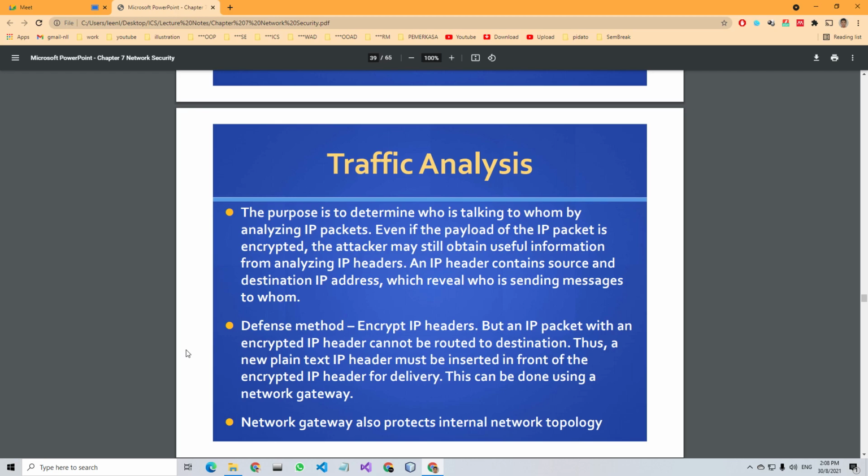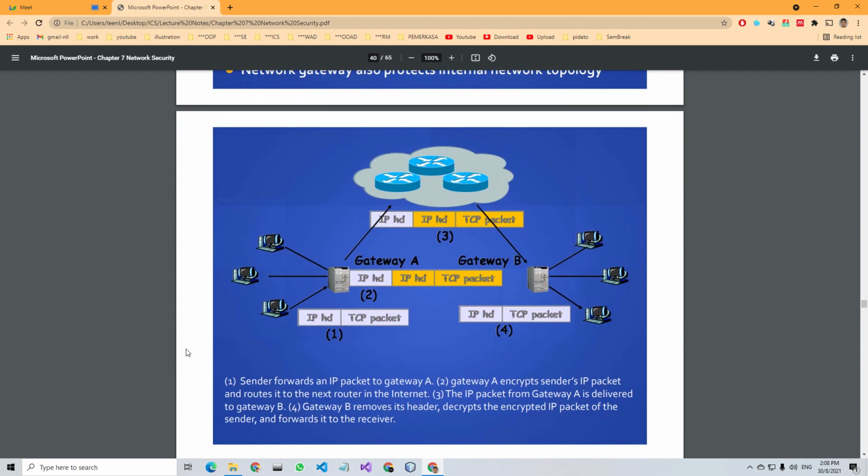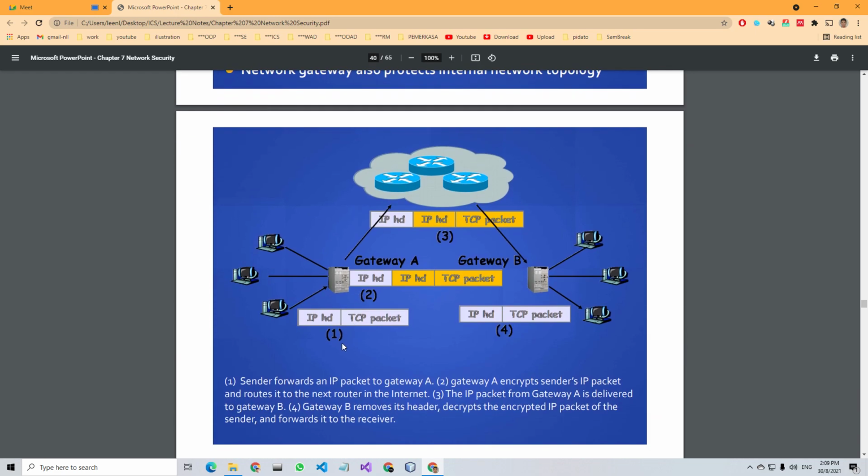You look at the diagram here and look at the structure 1, 2, 3, 4 here. Number one, I will always say the process. Better we refer to the diagram rather than just theoretically listing it out, it's a bit hard to understand. So the sender forwards the IP packet to gateway A. After that, gateway A encrypts the sender's IP packet and routes it to the next router in the internet.